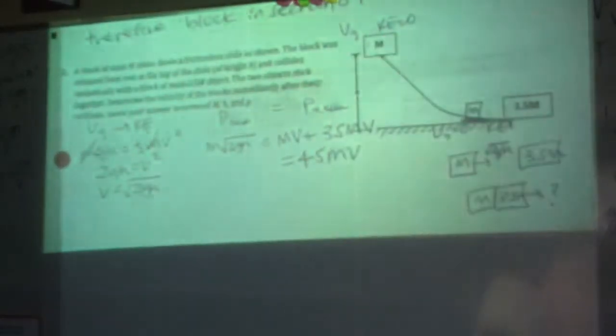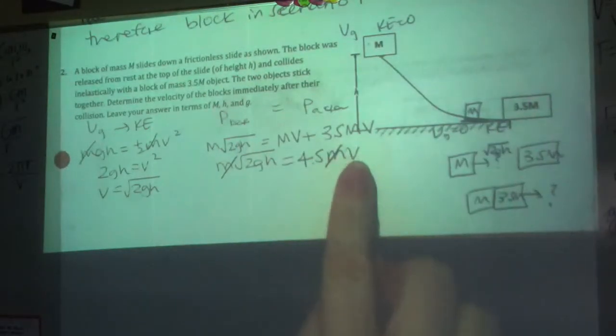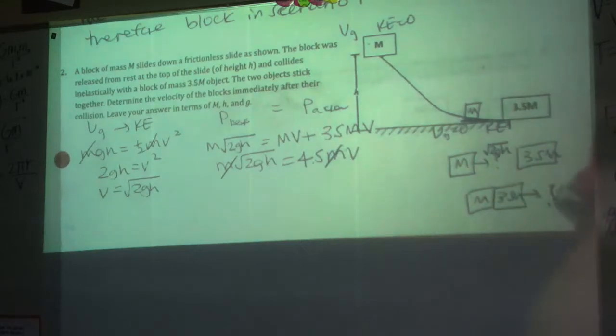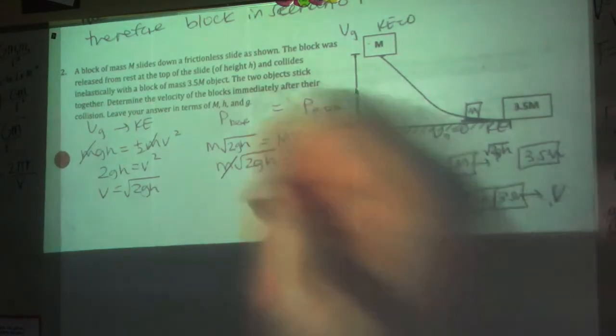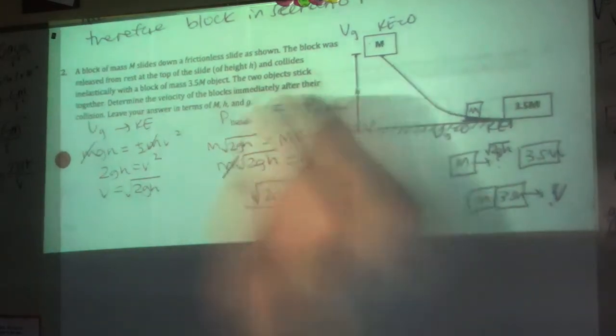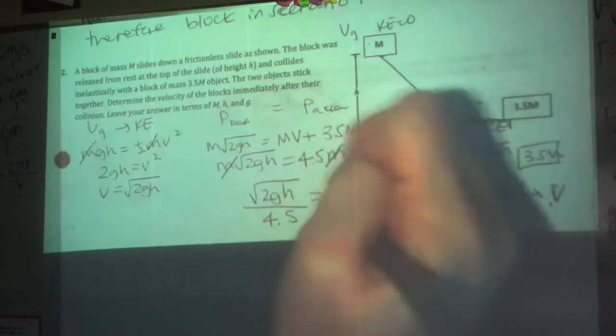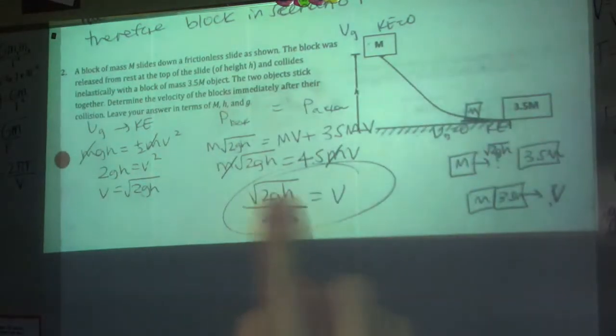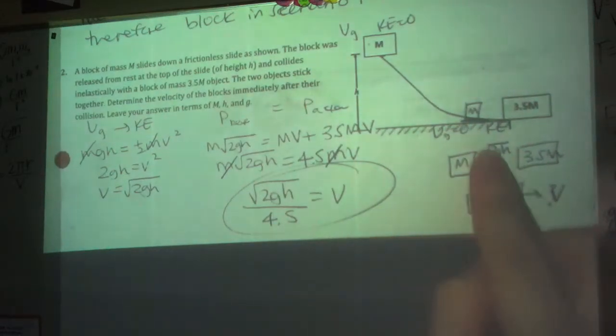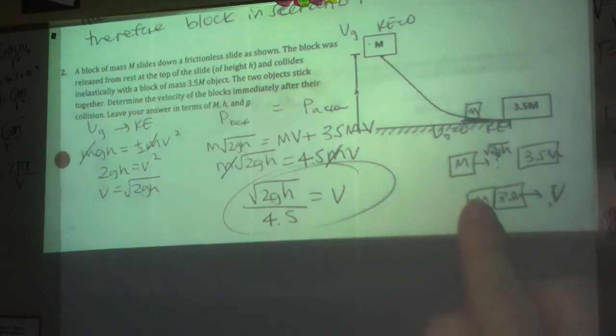That just becomes 4.5m velocity v, equals m square root of 2gh. You'll notice that the m's cancel out, and to get this velocity v that we're looking for, we divide by 4.5. So nasty looking answer, it's okay. It is square root of 2gh divided by 4.5, which makes sense because the velocity you're coming in with is now shared between a total mass of 4.5m.